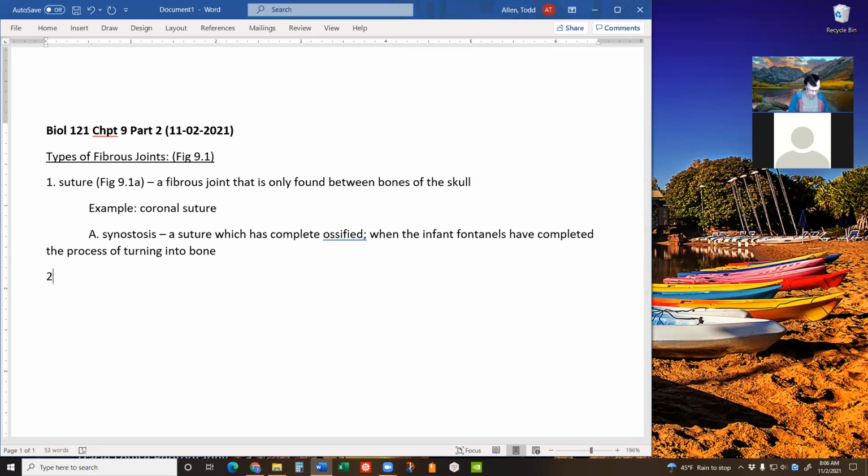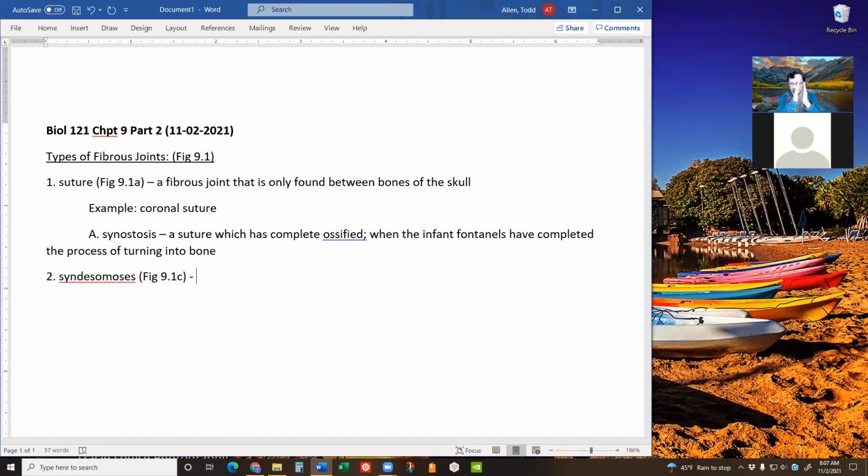The next type of fibrous joint are the syndesmoses, panel C of figure 9.1, as in Charlie. A syndesmosis is a fibrous joint defined by a greater distance between the articulating bones than you would have with a suture.